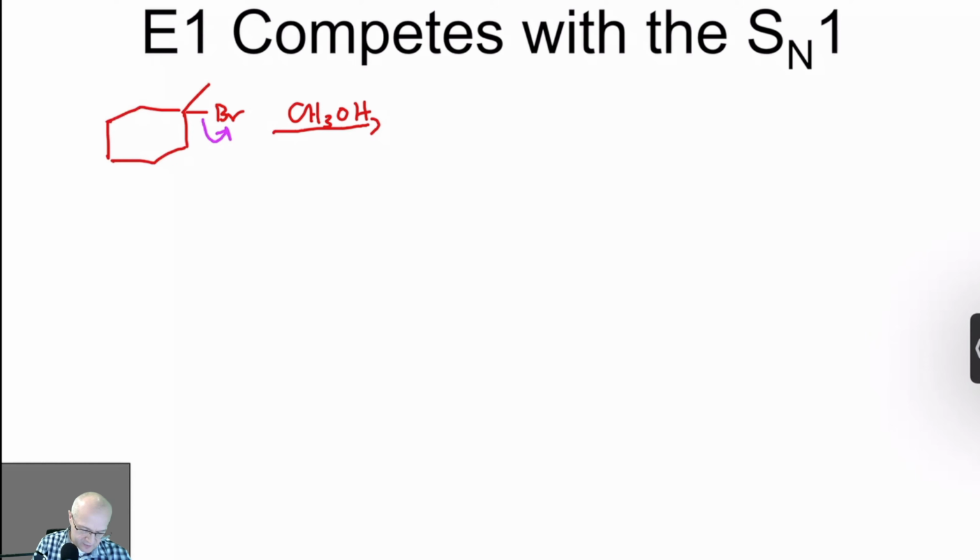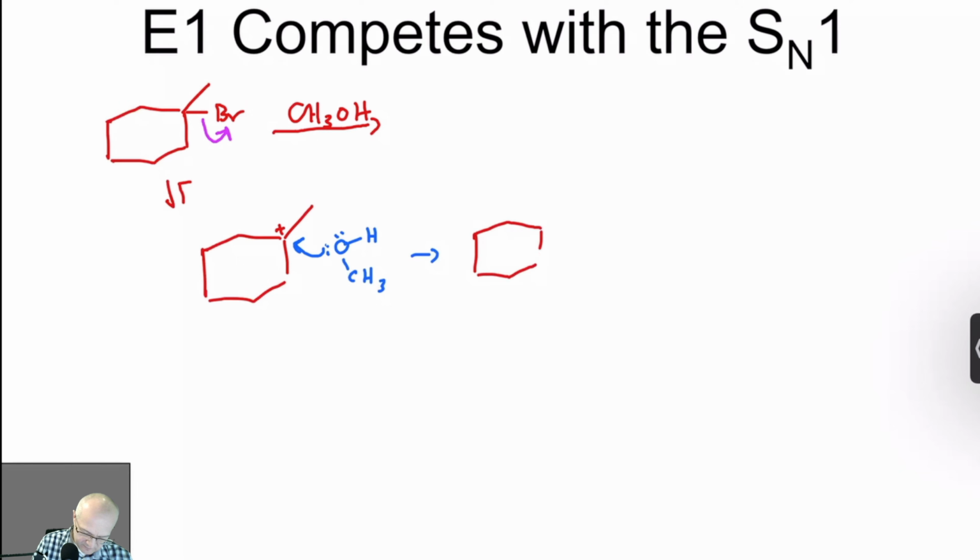So, draw the carbocation. Now it's tertiary, so more than likely there'll be no rearrangements because it's already tertiary. First thing that can happen is the solvent can attack SN1 style, right?